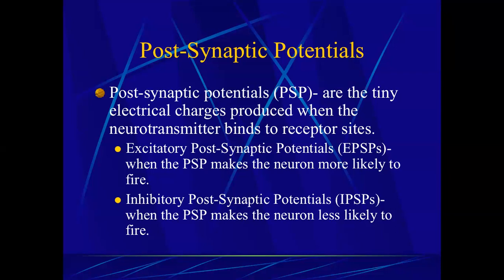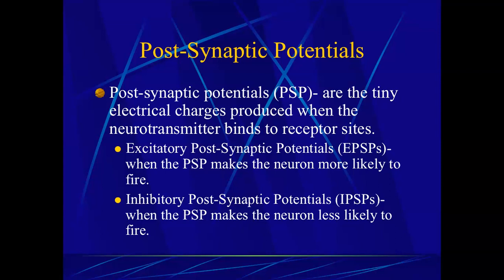If we have an excitatory neurotransmitter, let's say we have glutamate, right? Glutamate is a primary excitatory neurotransmitter. Glutamate binding to the receptor, because it's a positively charged or excitatory neurotransmitter, it's going to depolarize the second neuron.